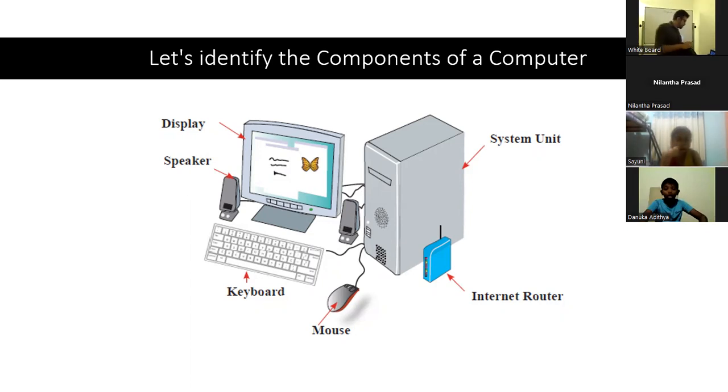So we will discuss them. Here you can see certain components of a computer: the display, speakers, keyboard, mouse, and this large box is called the system unit, and inside it we have a lot of different electronic items which are going to process the data, right?